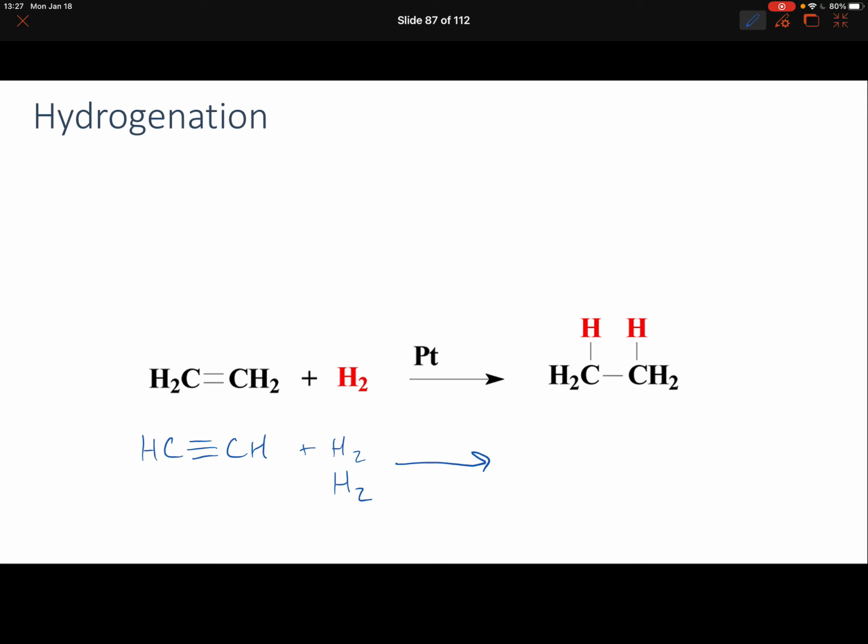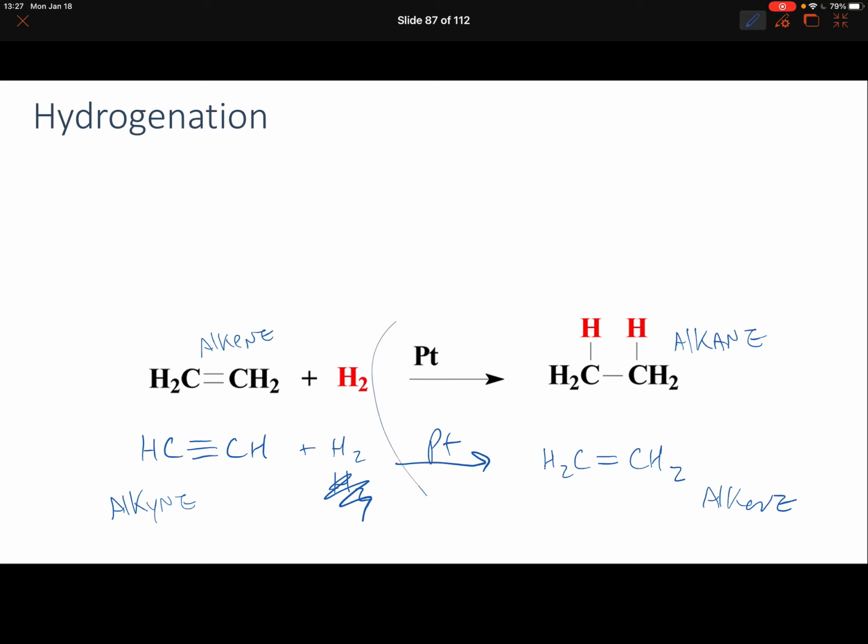So to show that here, this is the alkene, this is the alkane. Here's the alkyne, and this would only get us to the alkene with just one round. So we would have to do two rounds if we were starting with an alkyne.